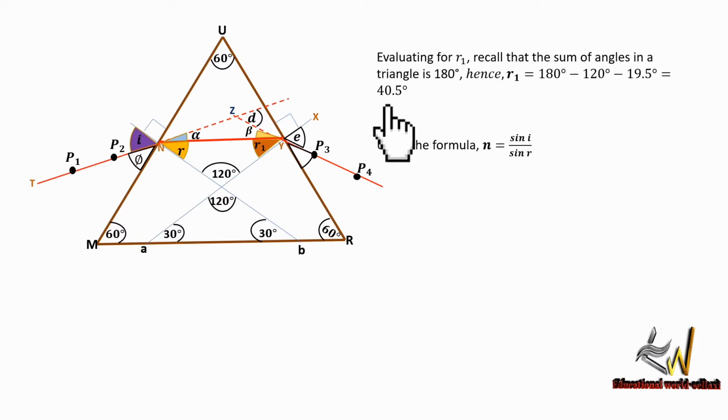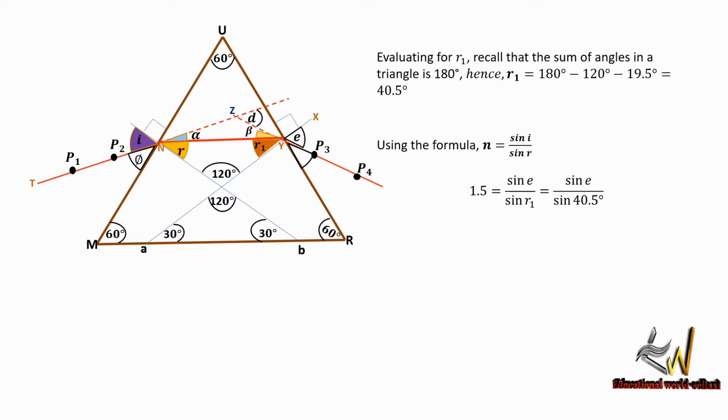Then using the formula for our refractive index, which is sine of the angle of incidence all over the sine of the angle of refraction. Now the angle of incidence here is the angle of emergence, E, while the angle of refraction is already our R1.